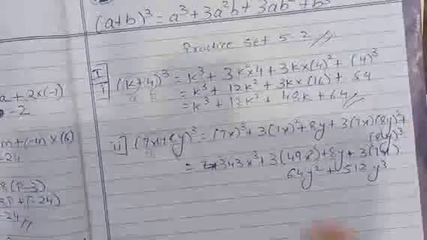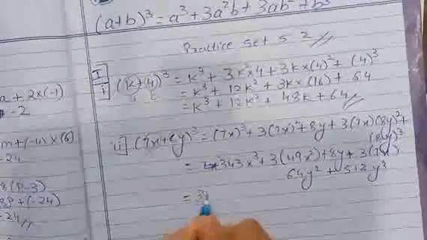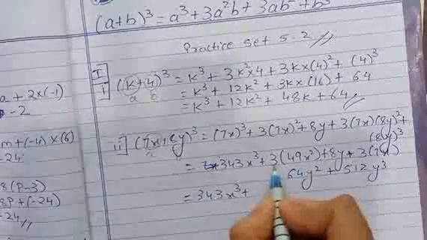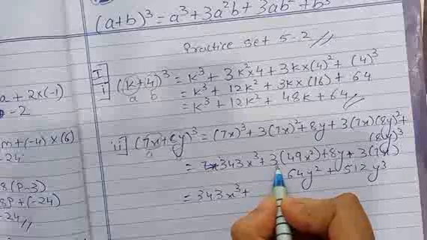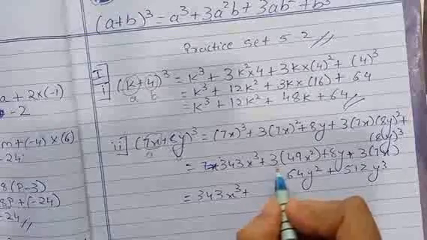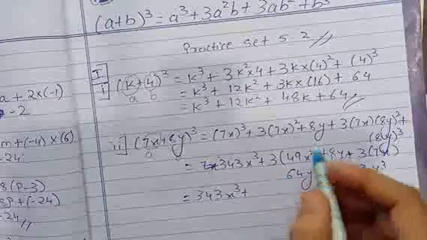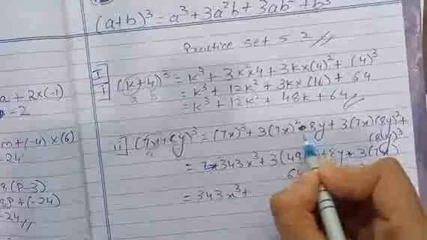Now further, how will I solve it? 343x cube plus 49 into 3. So students, yes, I have made a mistake here: I have written plus here.